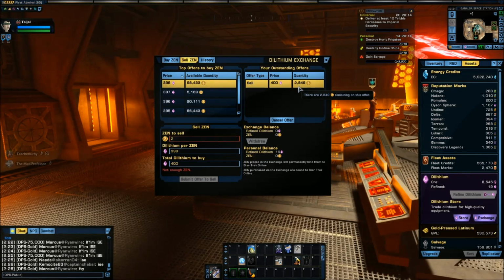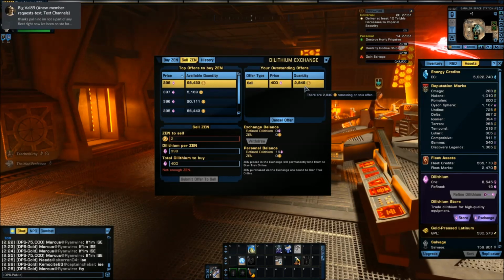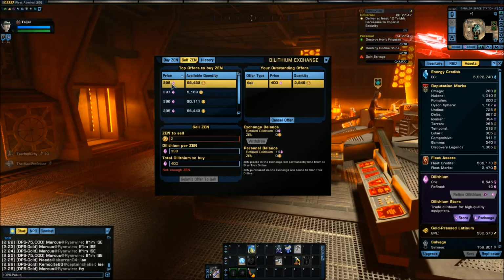Because I'm gaining 2, I'm buying it back for 2 dilithium less. So that's basically like getting an extra 2 dilithium for every Zen. Okay, meaning that I'm getting almost an extra 6,000 dilithium that I can use to buy more Zen.